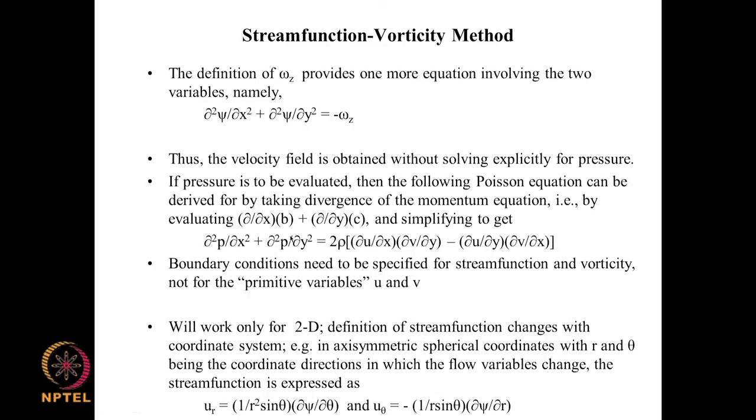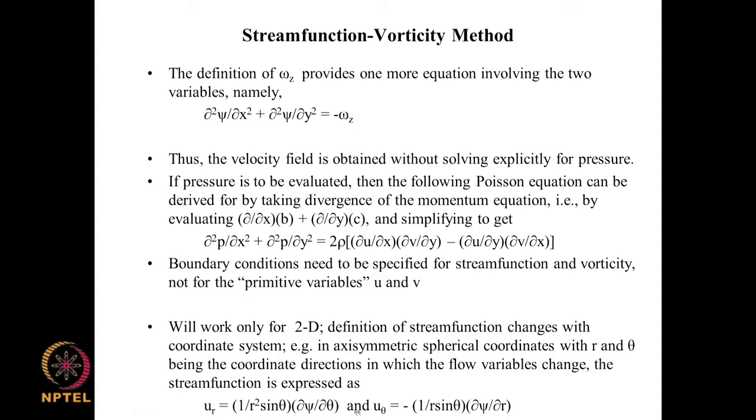If you go to a different 2D problem, for example axisymmetric spherical coordinates with r and theta being the coordinate directions in which flow variables change, so you are looking at a case where u r, the radial component of velocity, and u theta are non-zero, but u z is 0. If you are looking at that kind of 2D axisymmetric case in spherical coordinates, then the stream function is defined in this way.